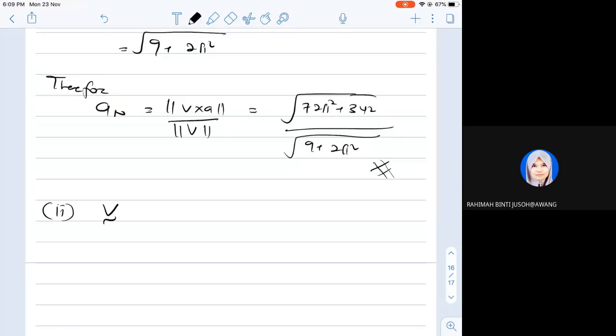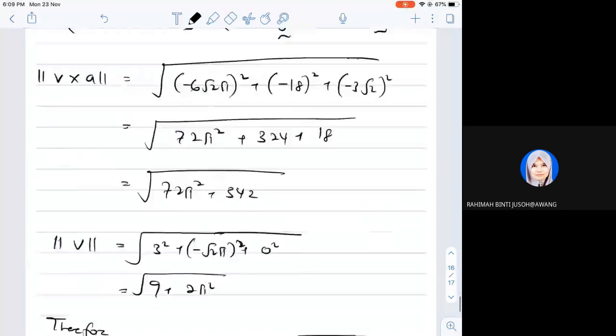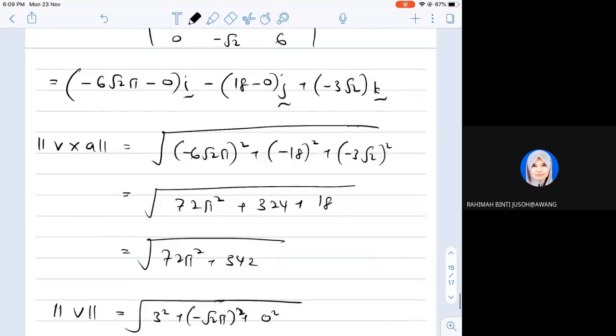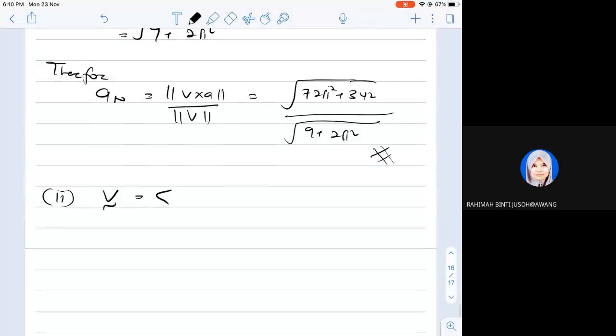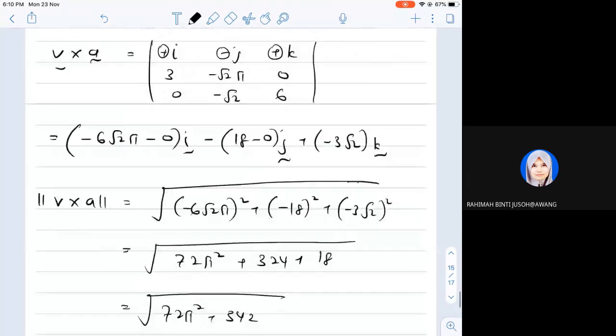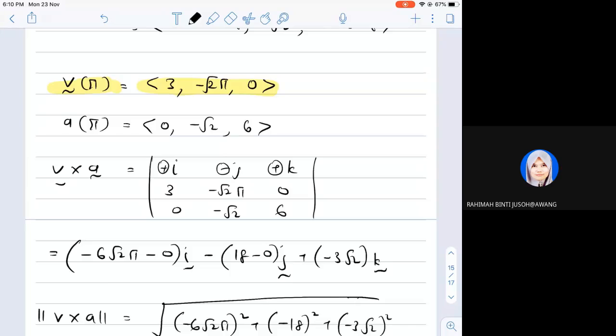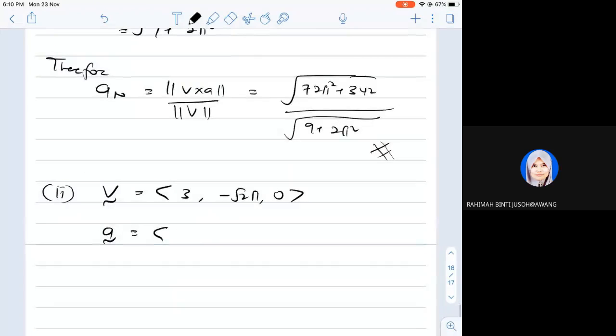This is 3, negative square root 2 pi, 0. And then where is our A? 0, negative square root 2, 6.